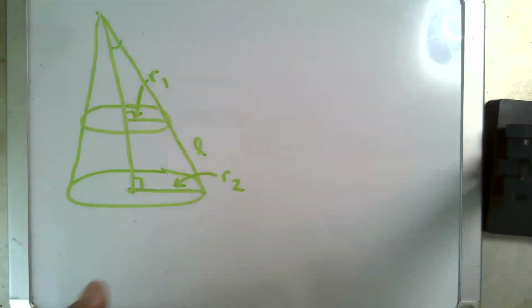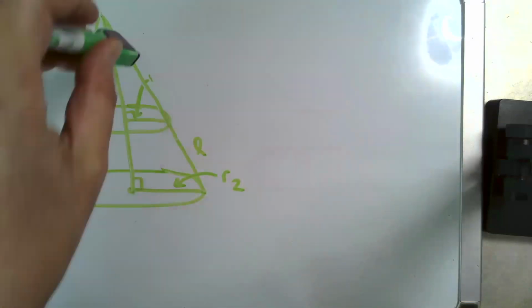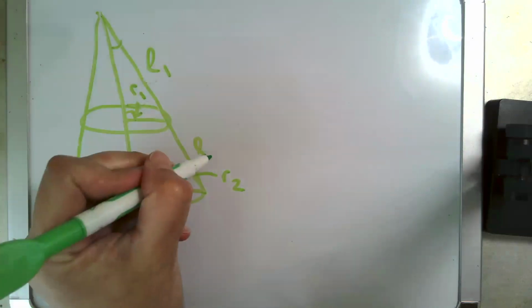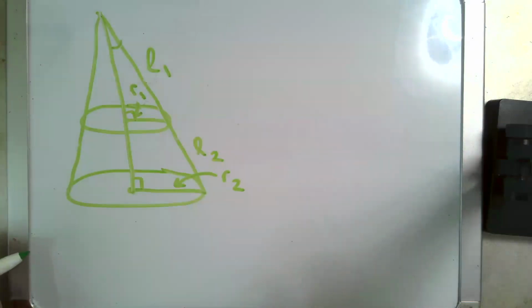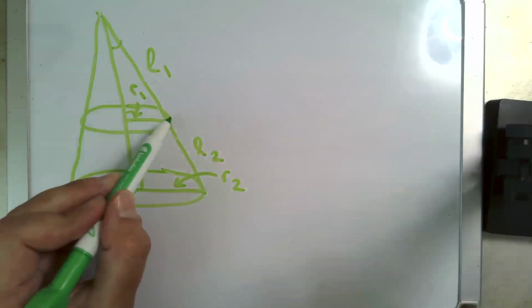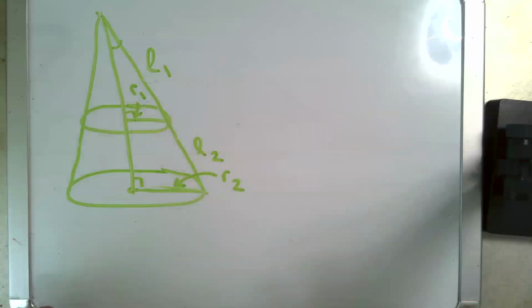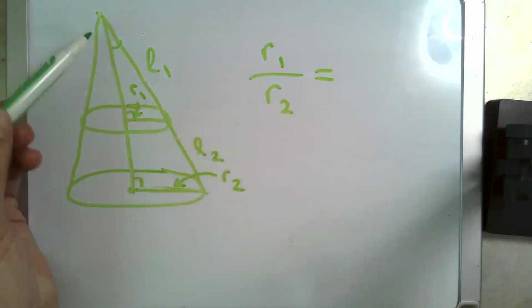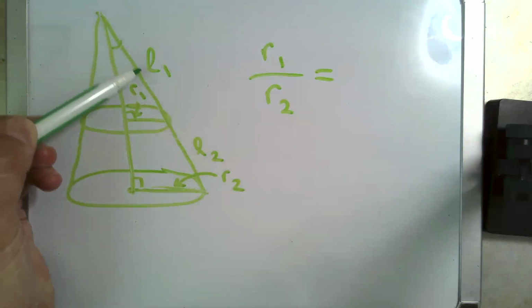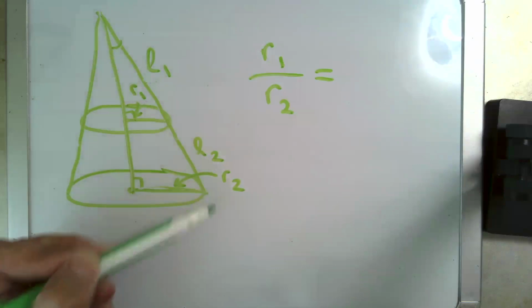So if I further define this length L1 and this length L2, then I could set up a ratio that says my radius 1 over my radius 2 will be in the same proportion as my L1 is to that full side, which would be L1 plus L2.